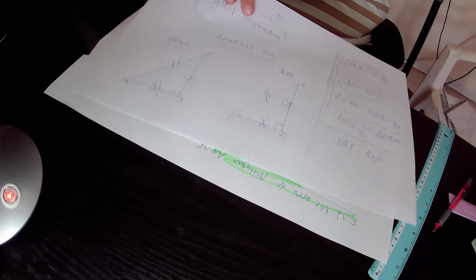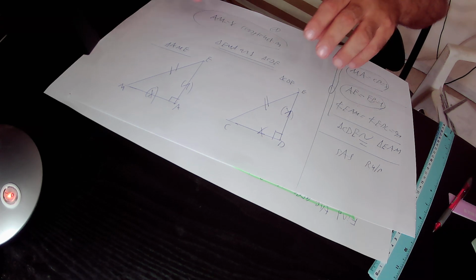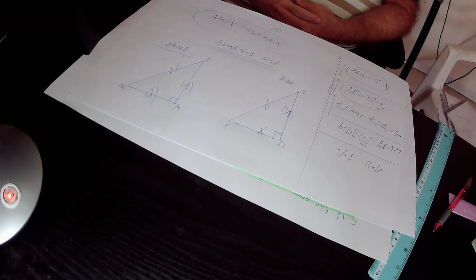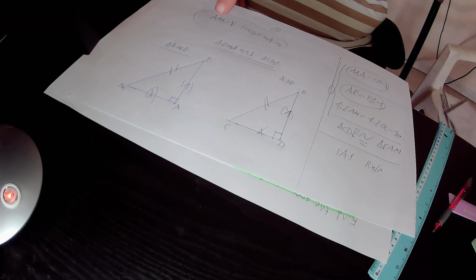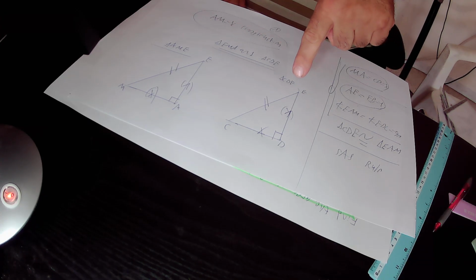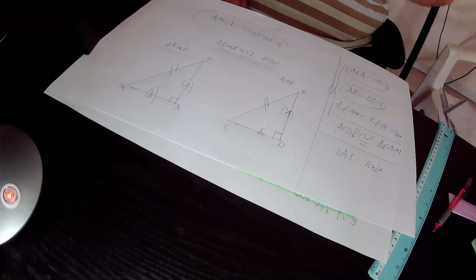In addition, from the fact that those two right triangles are congruent to each other, we will derive that they also have the same areas. That is to say, the area of the right triangle EAM is equal to the area of this right triangle ECD.